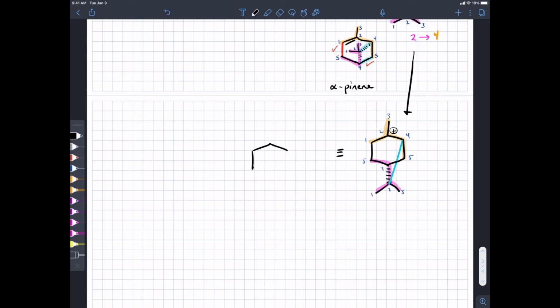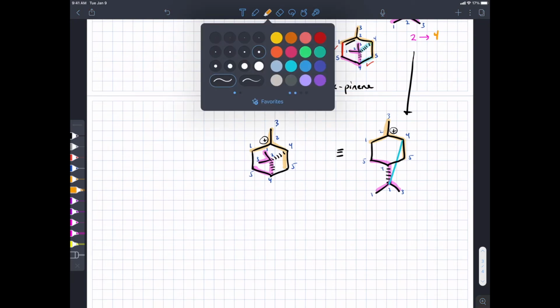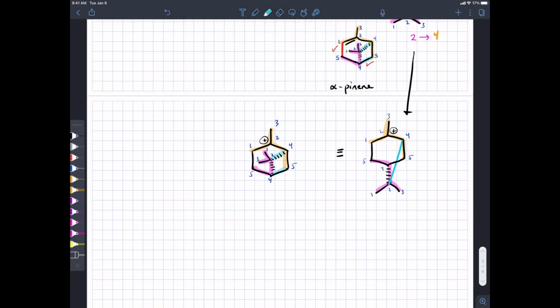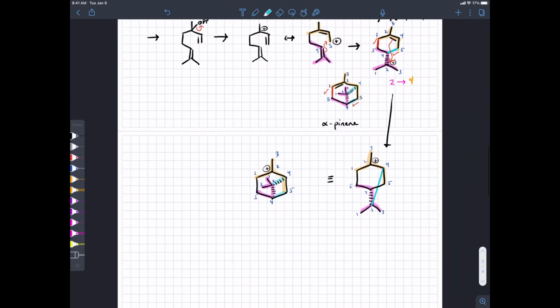We can redraw this in a way that makes a little bit more physical sense, and that is to have pink carbon 2 underneath the ring and bonded to orange 4. Okay, so here are my two new bonds. Okay, questions about that?